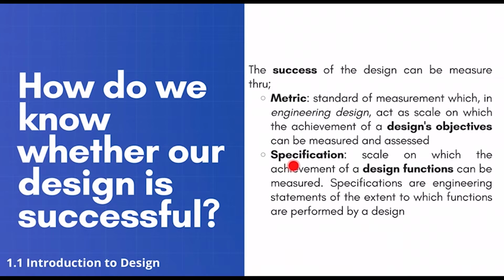Second, using the specification, which is a scale on which the achievement of a design function can be measured. Specifications are engineering statements of the extent to which functions are performed by a design.